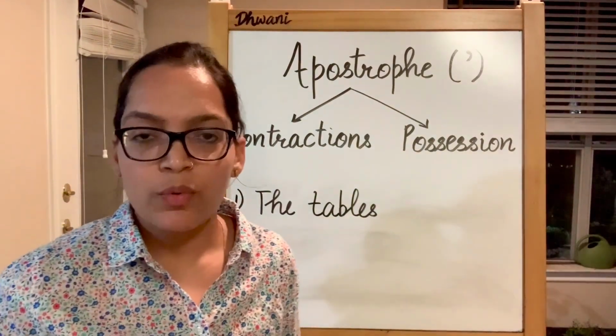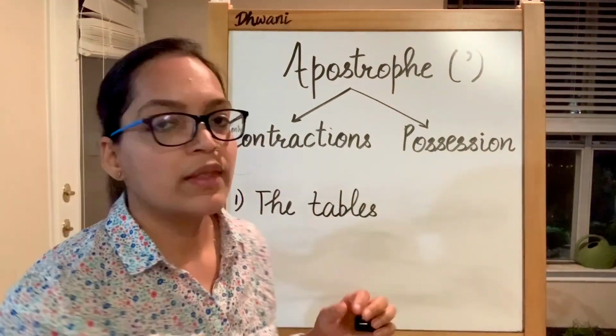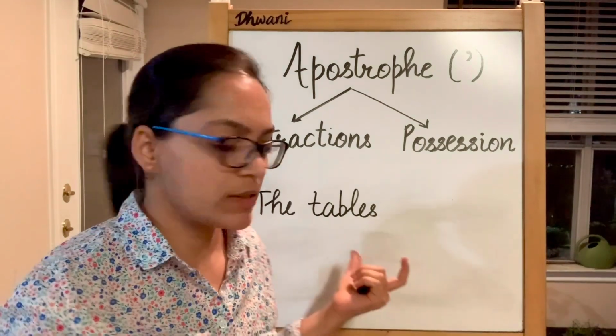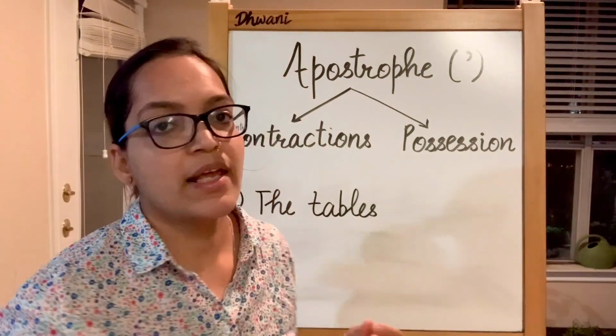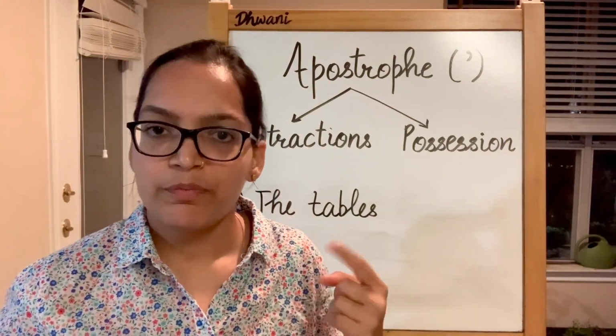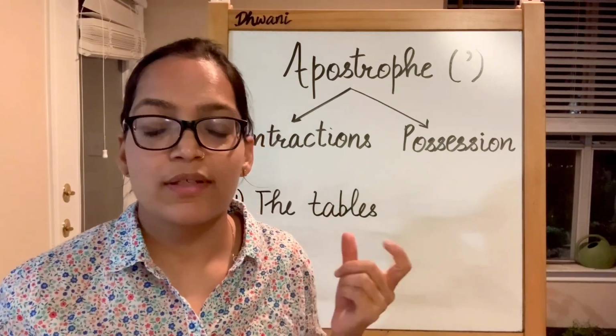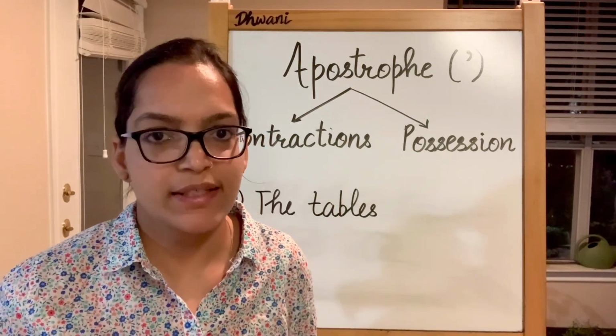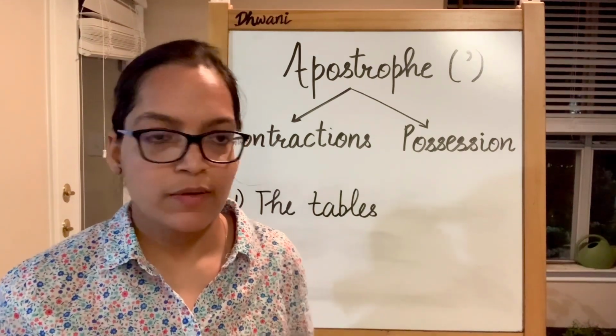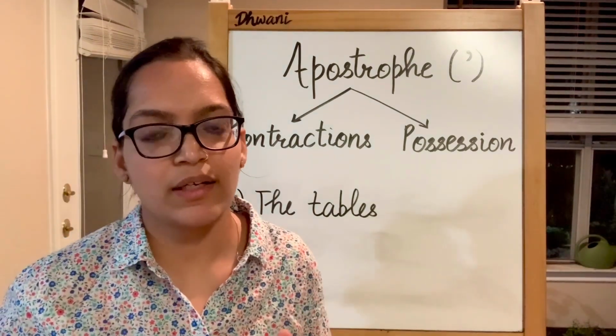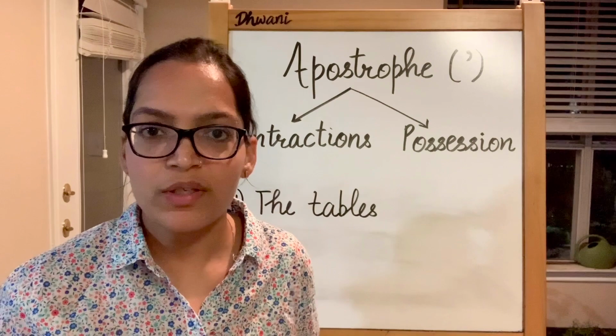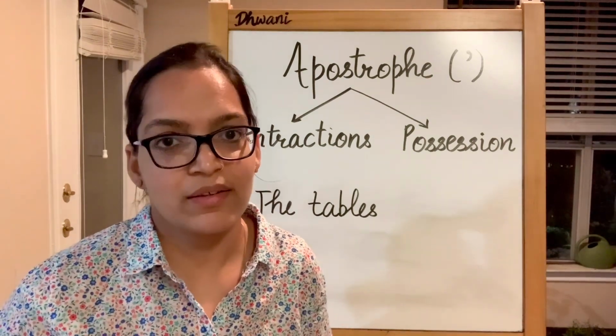Now my noun is plural, so the table turned into tables. So I want to say the tables' legs are short. When we used it as a singular noun, we heard it as tables, and in this case we again hear it as tables. They sound the same, but the way they are written is different.